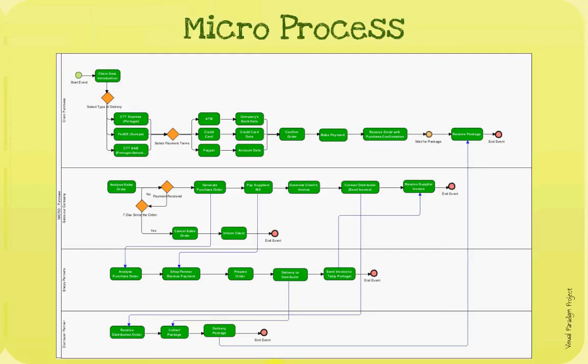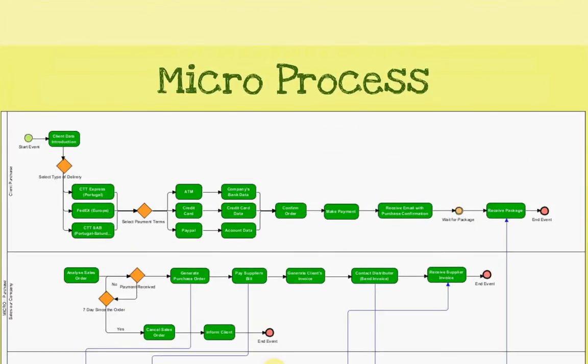This is the micro process related to the order purchase. Client selects type of delivery, can select payment terms, confirm order, for example.